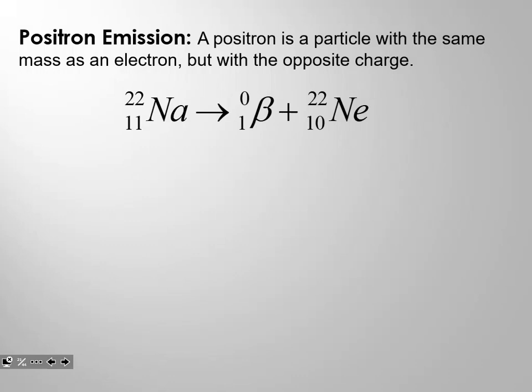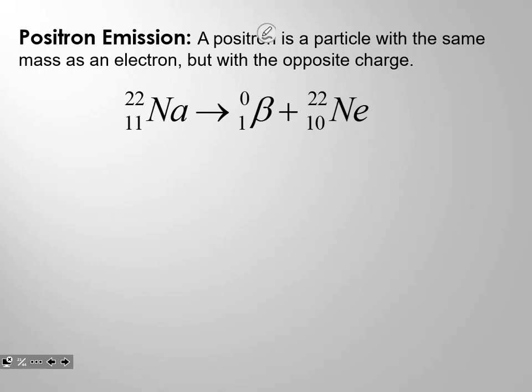What happens here with positron emission and electron capture, I'm just going to give you the generalized idea. Electron capture and positron emission occur when the proton number is too high. The proton ratio is out of whack, too many protons in comparison to your neutrons. So it's kind of opposite of beta decay.